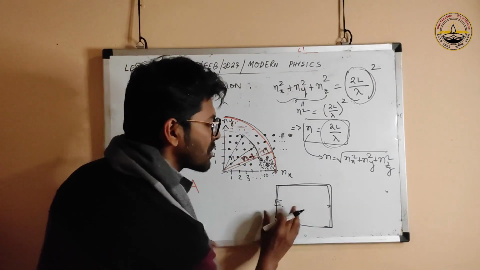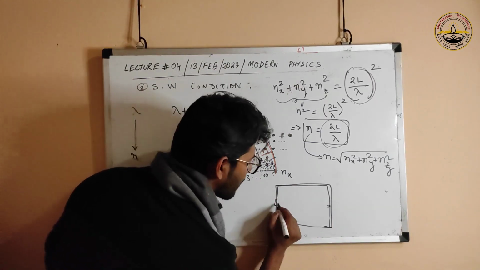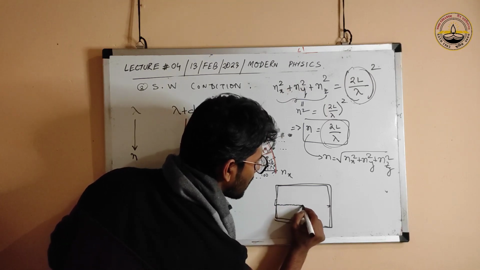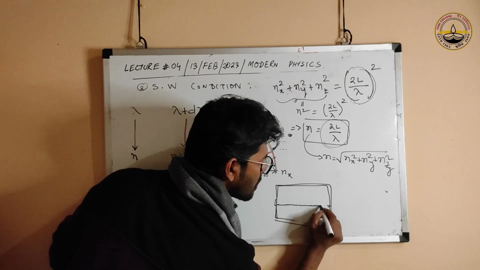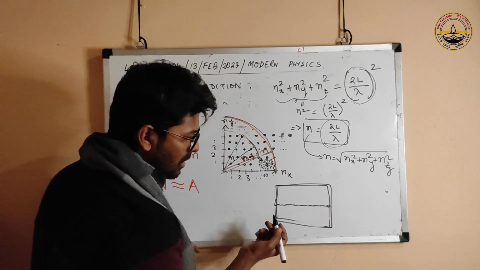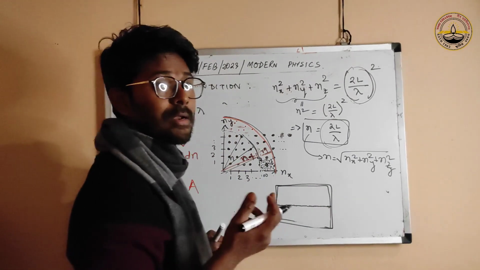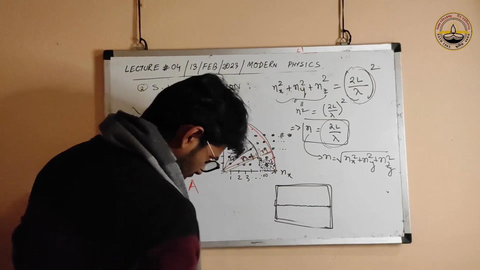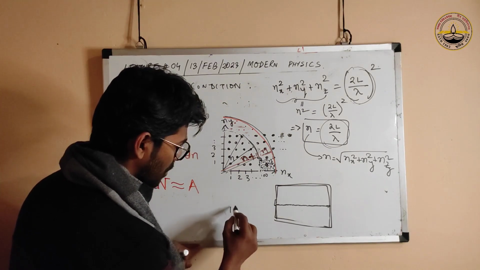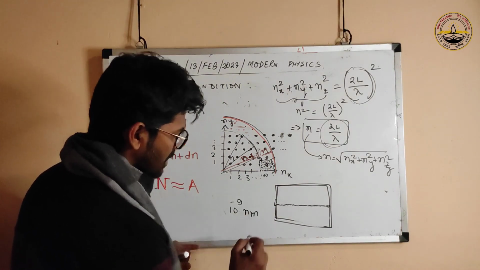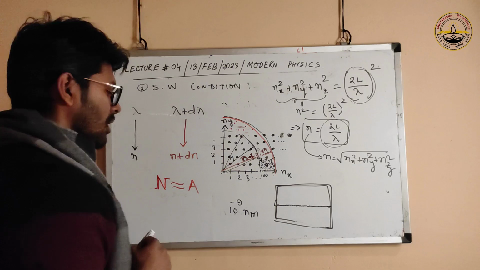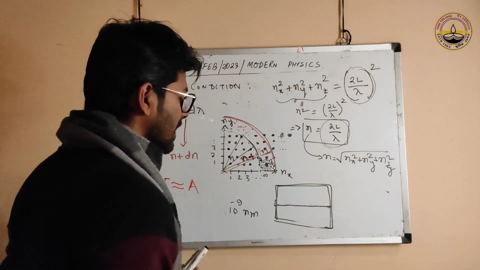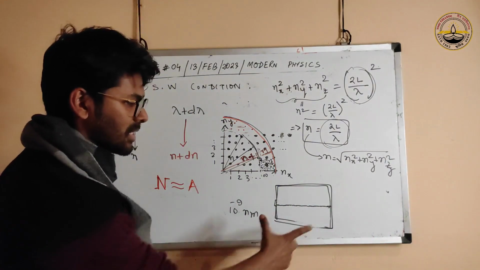But if your cavity was really large compared to your wavelength, then we would have waves like this. So maybe you know wavelengths are in nanometers, and if this is in centimeters, that's still like 10 to the power 9 nanometer, and this cavity is 1 centimeter, so that will be 10 to the power 7 waves possible within this cavity.